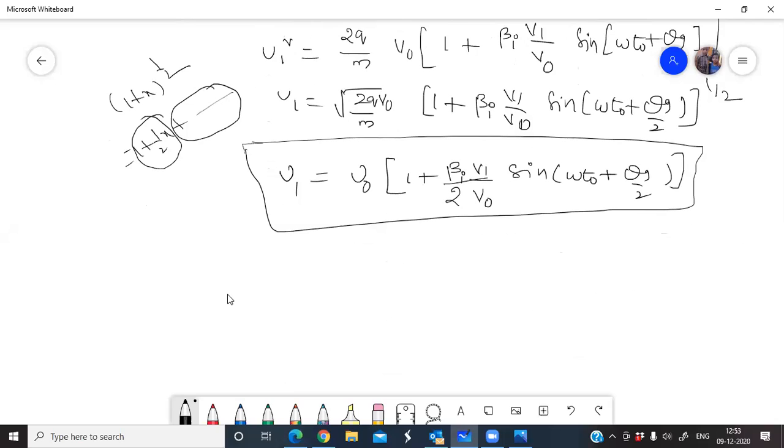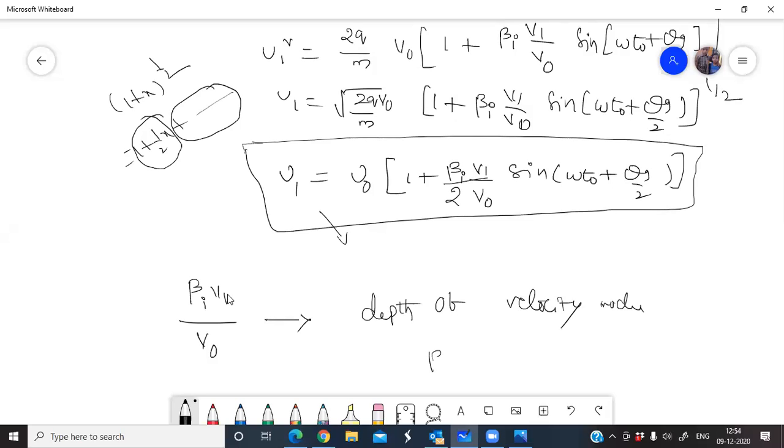For example, the term beta i V1 by V naught is known as the depth of velocity modulation. The previous one, beta i, is the beam coupling coefficient. Now beta i V1 by V naught is the depth of velocity modulation, and this is the velocity modulation equation.